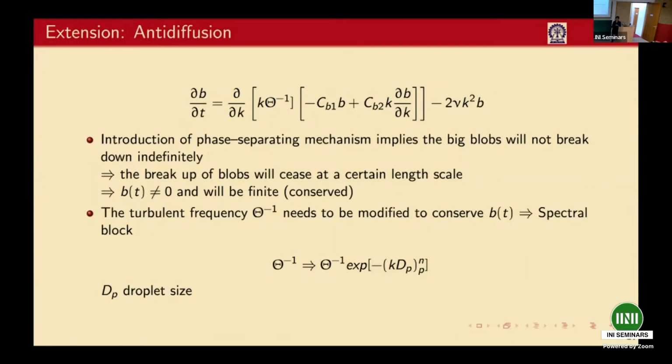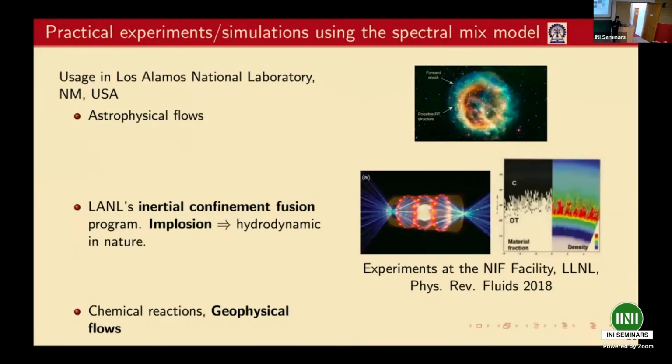We are just modifying the advection and diffusion to get this phase separation, but not doing anything to conserve. This B field must be conserved. That is one thing. But yes, this can be validated against the DNS simulations, at some limit.